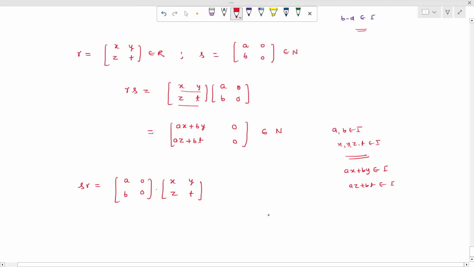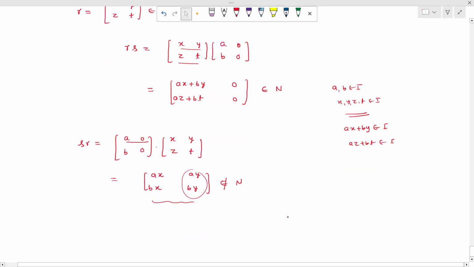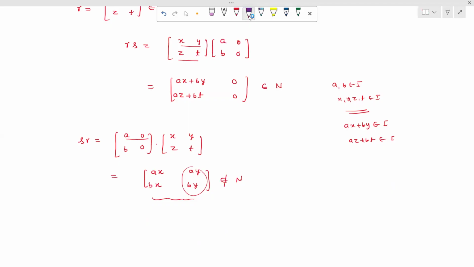So when we do the multiplication of these two, first row first column gives us ax, first row second column gives us ay, second row first column gives us bx, and this gives us by. Now the form of the element that is coming does not belong to the set, so it will not belong to N. In N both entries in the second row are 0, but here elements have come, so that's why this does not belong to N, so this is not a right ideal.